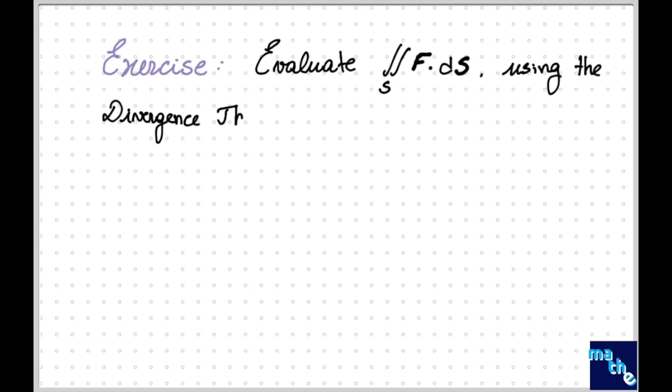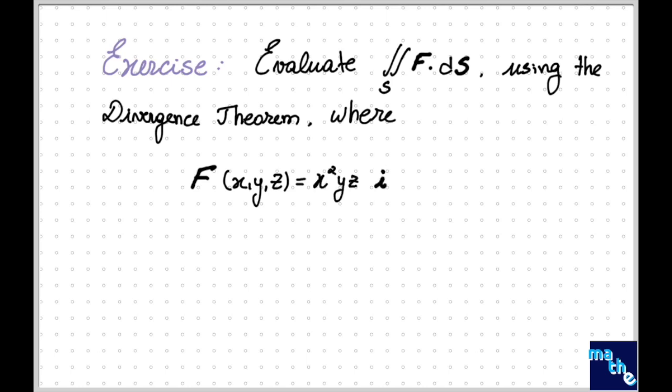Let's see an exercise. Here, you are asked to evaluate the flux across a surface S using the divergence theorem. You know that f is defined as x^2 yz i + x y^2 z j + x y z^2 k.